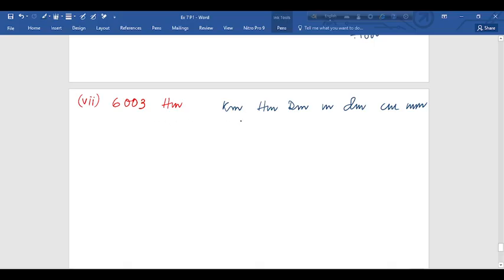That means it is written here, 6003. Now we had to stretch it near the left hand side. We cannot stretch it towards the right side.